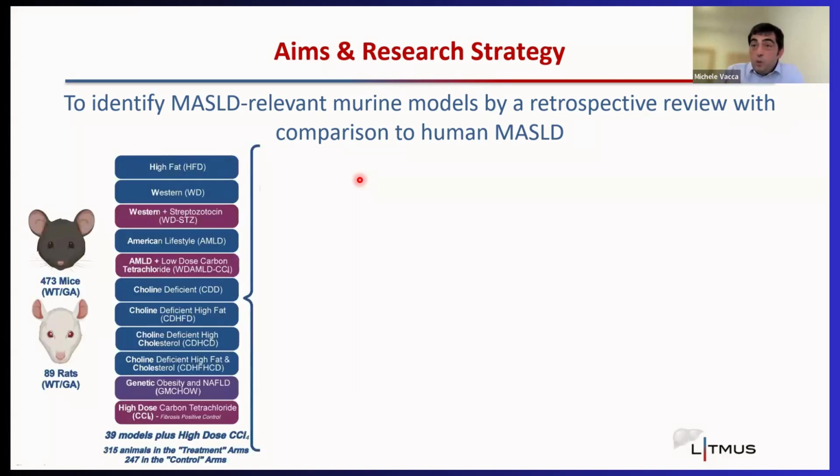With this purpose, we analyzed the data of 473 mice, either wild types or genetically altered mice, and 89 rats, fed with the different models that we have discussed before. In total, we compared 39 models plus carbon tetrachloride as a positive control for fibrosis.